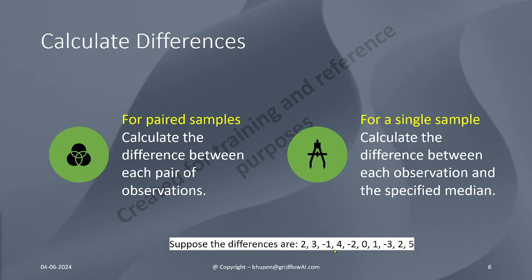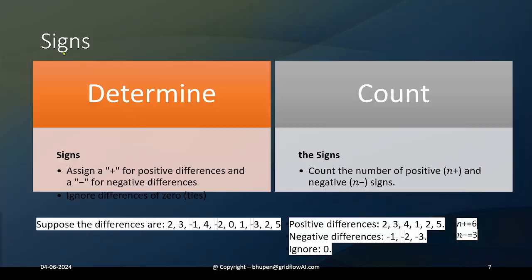Suppose the differences are 2, 3, -1, 4. Just for an imaginary case, these are the differences between the values. Now we determine the signs. Assign positive if there is a positive difference, and negative if there is a negative difference. Ignore the differences of 0, and count the number of positive differences and negative differences.